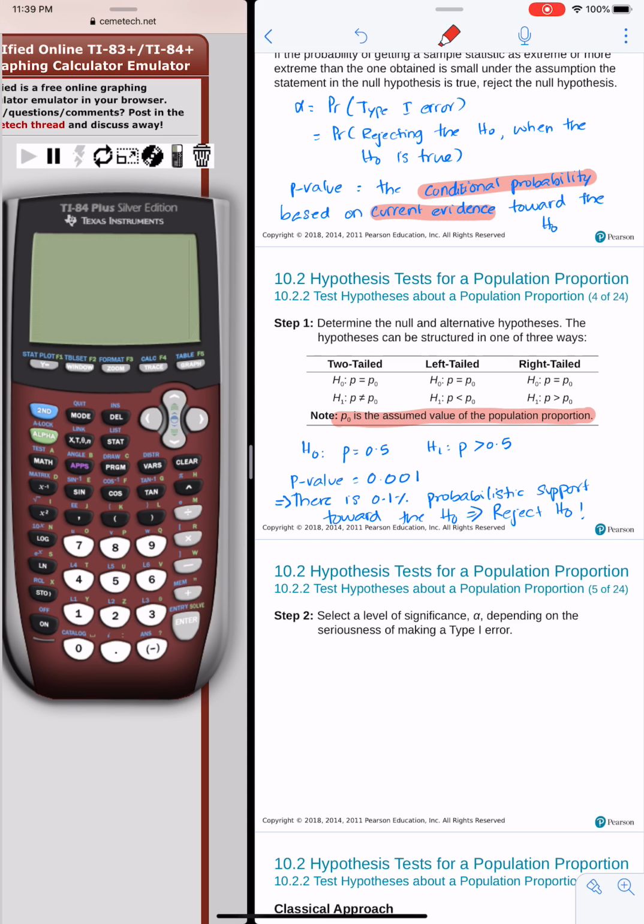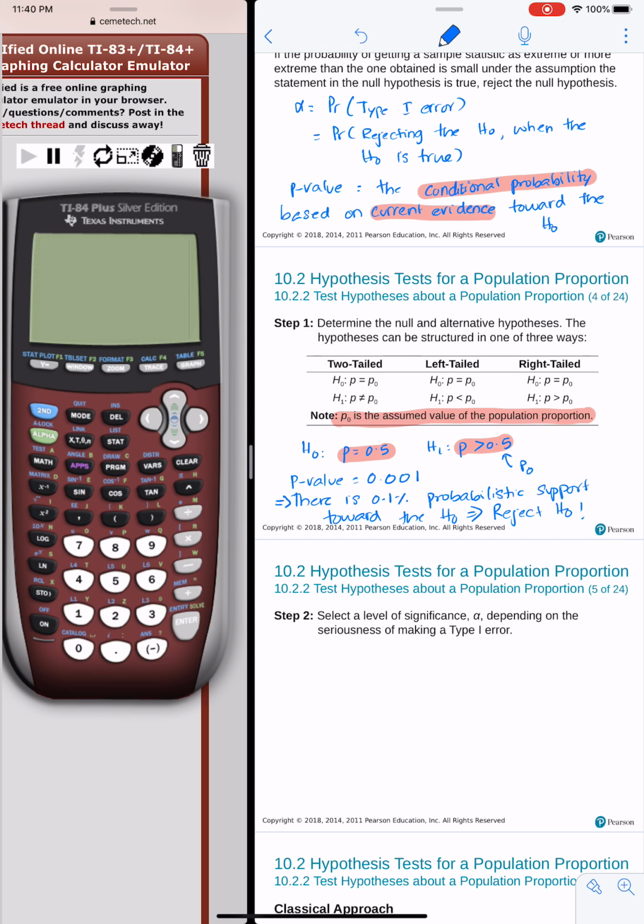Someone would make a claim about the population proportion, and we start with that initial value. In this example, that initial value was 0.5. So that is P0.